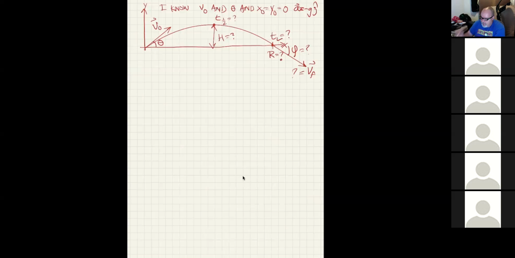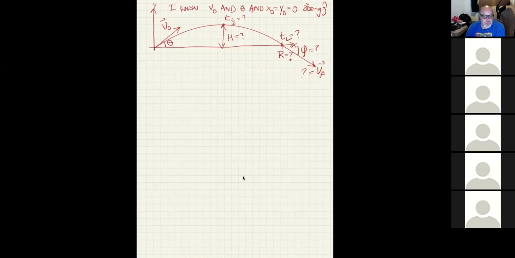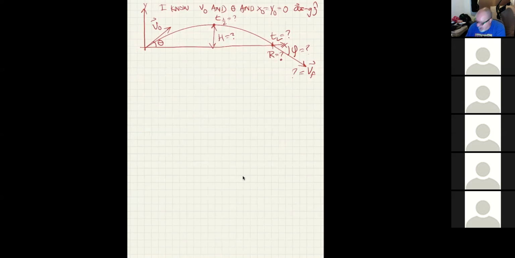So the first thing I might want to find is, what is h? Well, h is actually the y position at t equals t 1/2. So it might help us to find t 1/2 first. And basically I'm calling it t 1/2 because it looks like it's halfway through its trajectory at that point. You'll find out that it is exactly halfway.